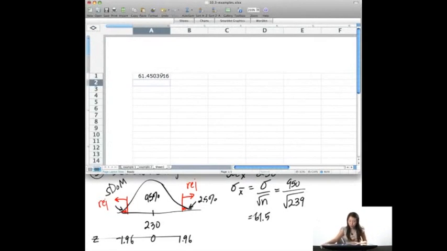But if you wanted to, you could also figure it out by using either the table in the back of your book or Excel. So we could put in NORM.S.INV because we have the probability, and I want the two-tailed probability. Oh, so maybe this is actually one-tailed. I should give it the one-tailed probability.